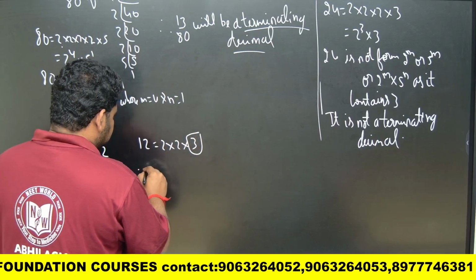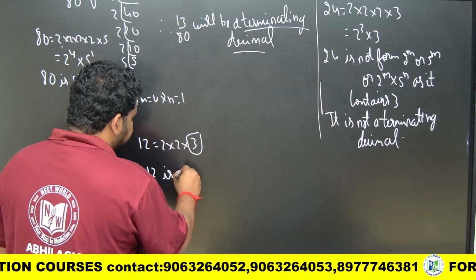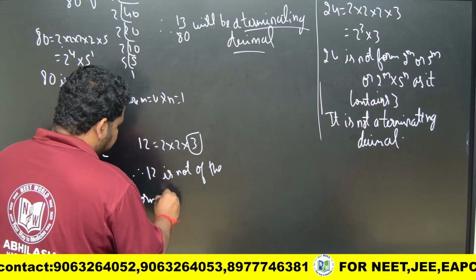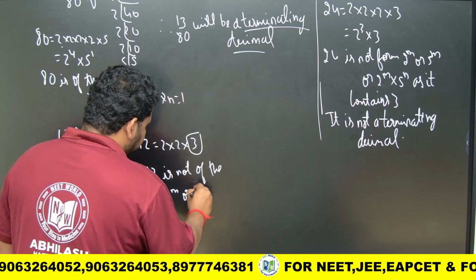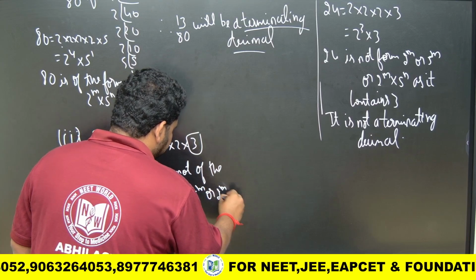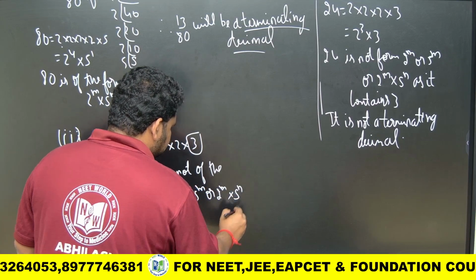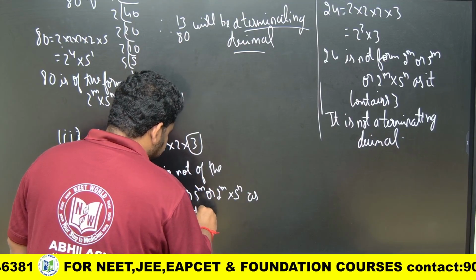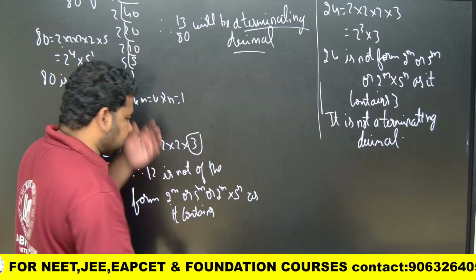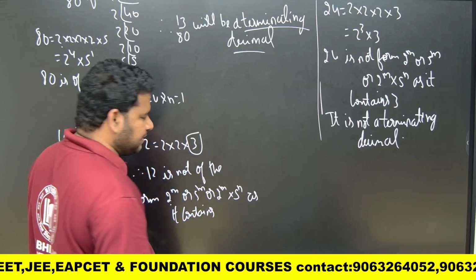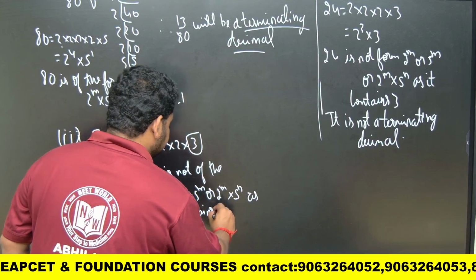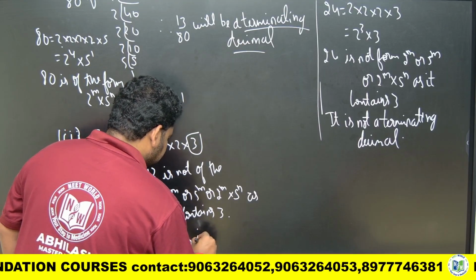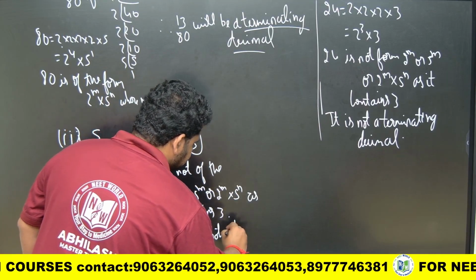So that means 12 is not of the form 2 to the power of m or 5 to the power of n or 2 to the power of m into 5 to the power of n, where m and n are whole numbers. It contains 3. Therefore 5 by 12 is not a terminating decimal.